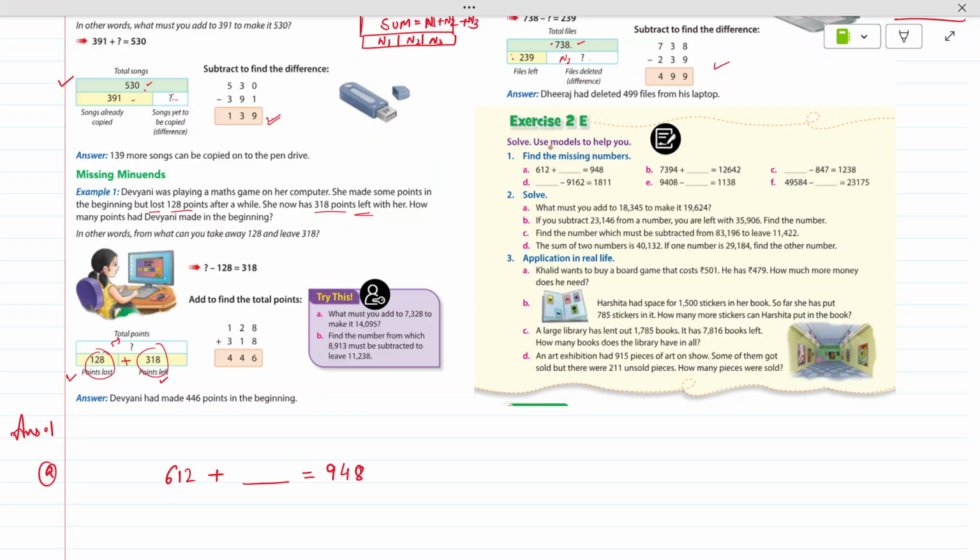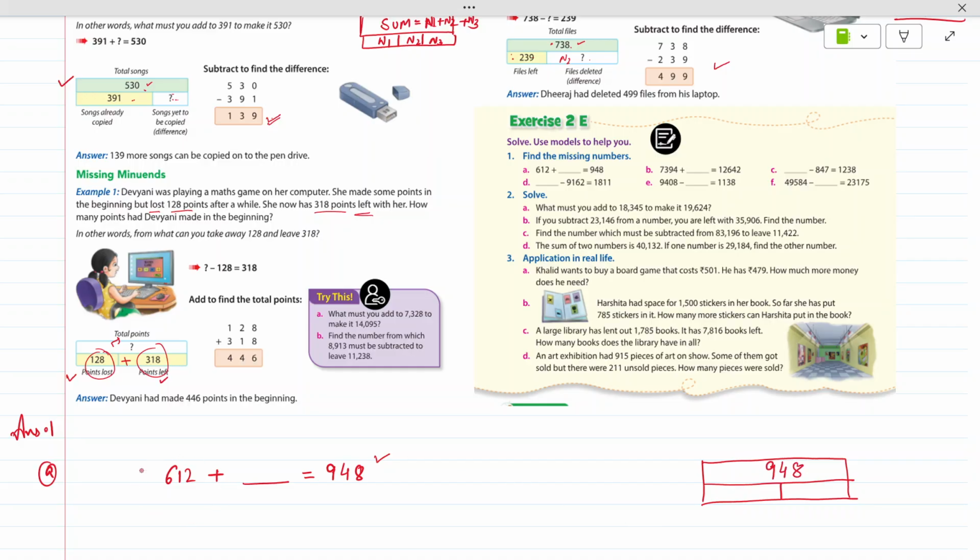We can do this either way, but I'm going to explain using models. So the upper part of the model and the lower part of the model. We know we will have to add something to 612 to get this total number. So this is the total number, which means we write it in the upper part.